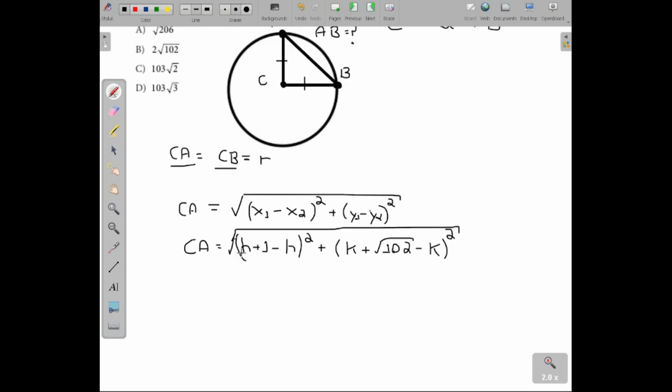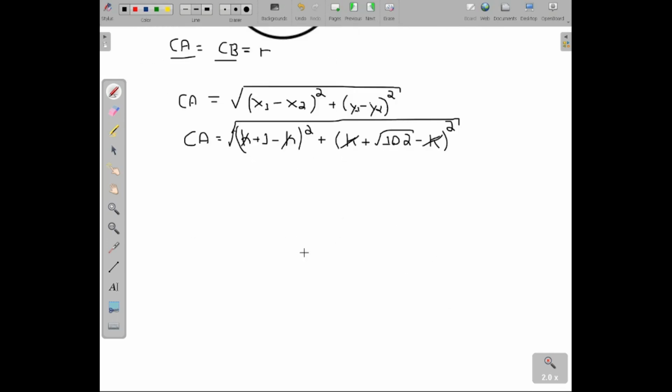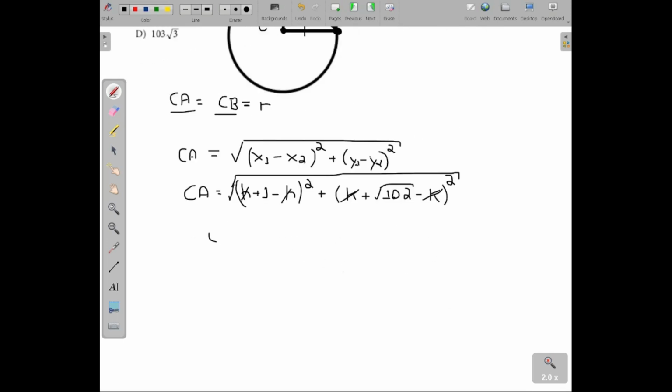Here we can simplify the h and the k's, and we'll have CA equal to square root of, we only have 1 here, 1 to the square, which is 1, plus square root of 102 to the square.